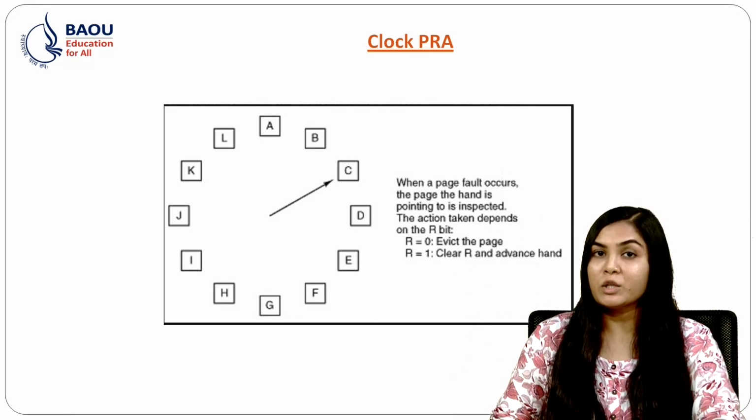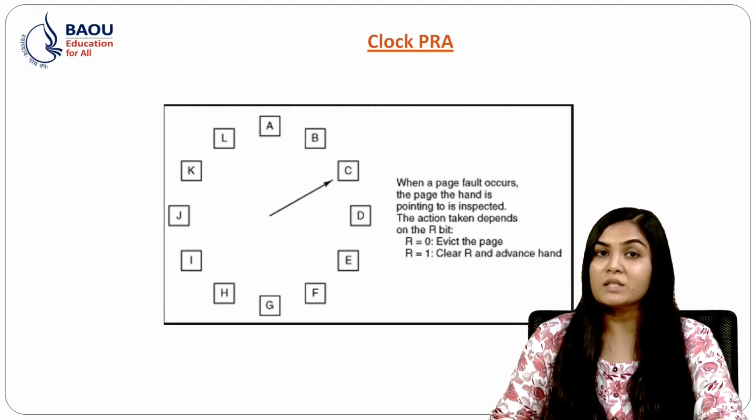This checking continues until page with R bit 0 is found. Also, whenever a page that is already in memory is used again, its R bit is set back to 1. In this way, the algorithm gives second chance to recently used pages before replacing them.